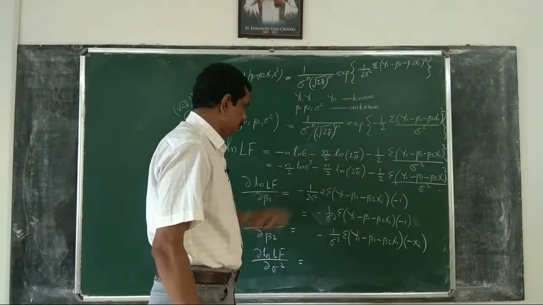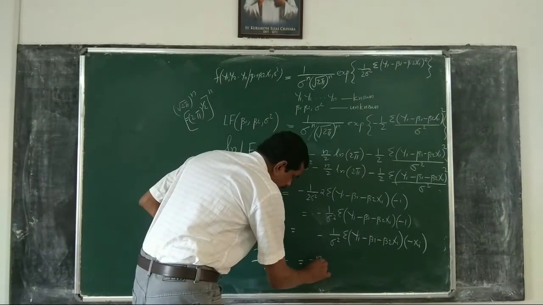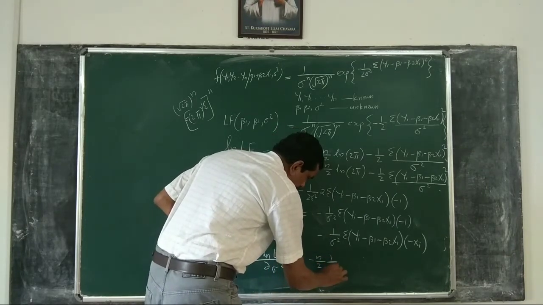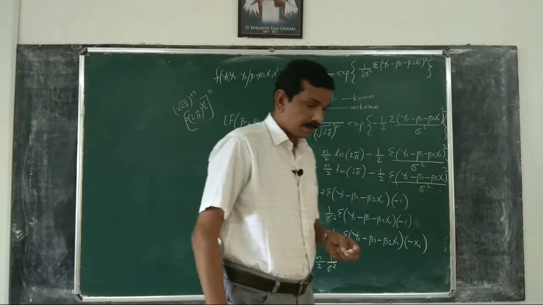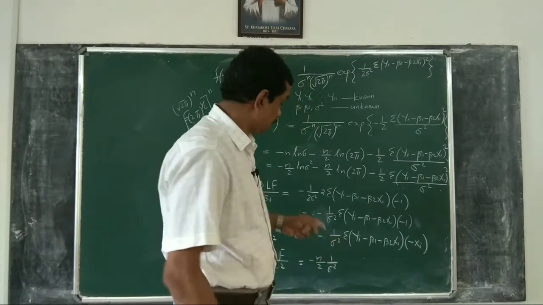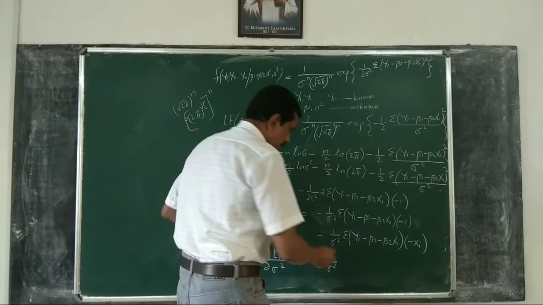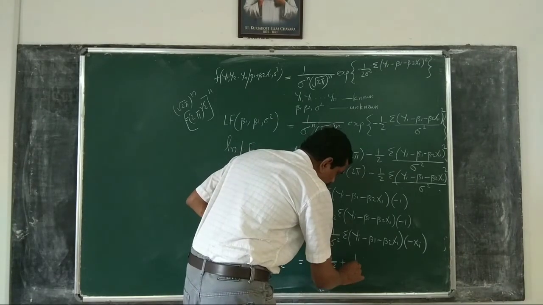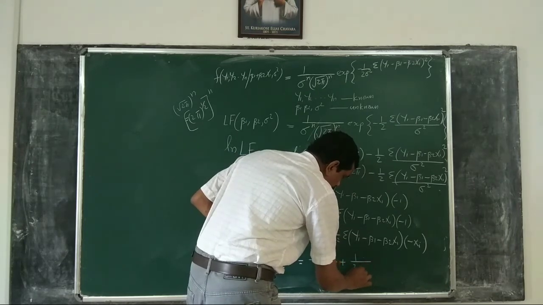there is a term in sigma square here: minus n by 2 into 1 by sigma square, the derivative of ln sigma square with respect to sigma square. Minus n by 2 is a constant into 1 by sigma square, plus 1 by 2 into sigma raised to 4.